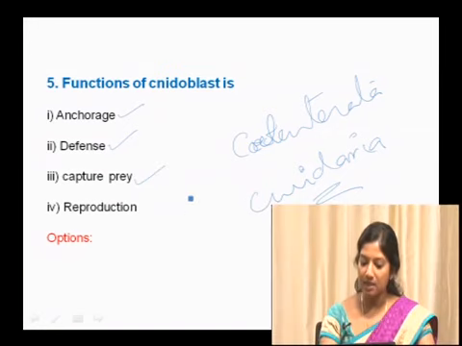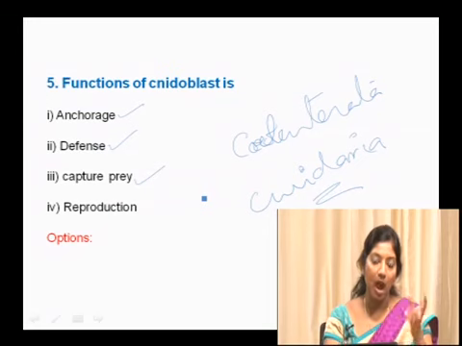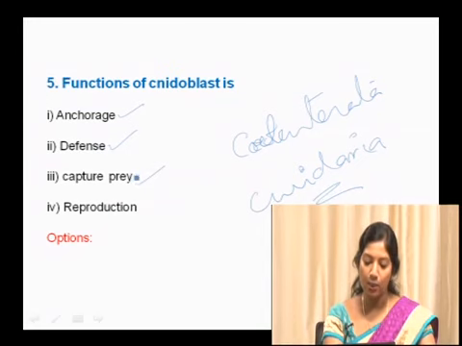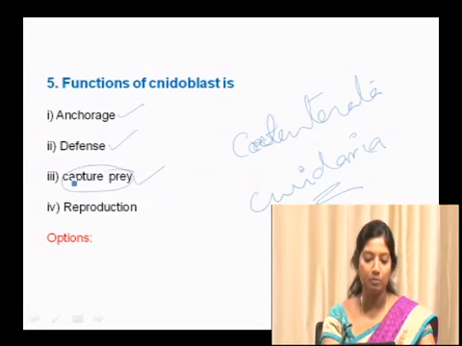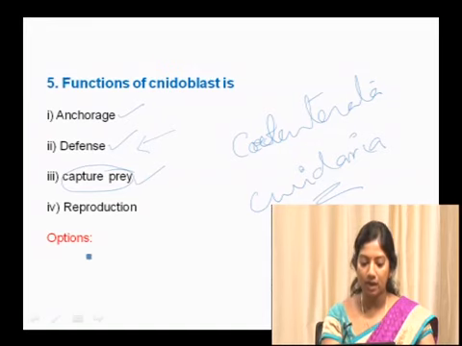So it has the capacity to give a sting. It will harm the other organism. That's how it can be used even to capture the prey. And if it is being chased by some predator or some other organism, it can use it for defense and also helps in anchorage.